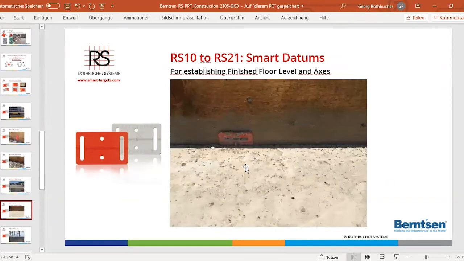And the good thing is, on the next day, when you are on the new floor for the first time, you already have the first orientation on your axis. Sometimes when you are on a higher level of a building, you have no orientation, and then this is very helpful because you can start working immediately.